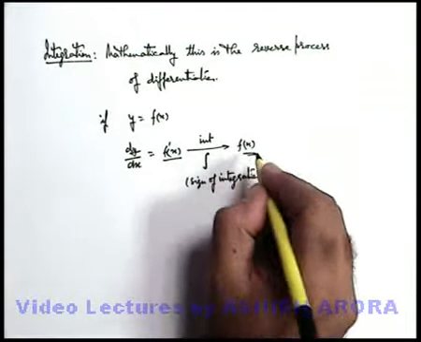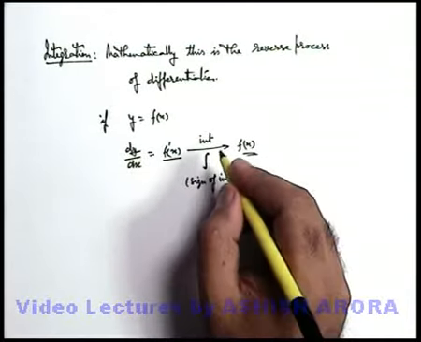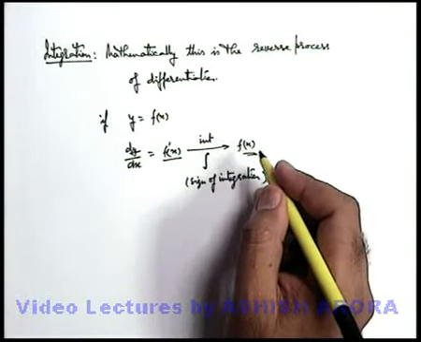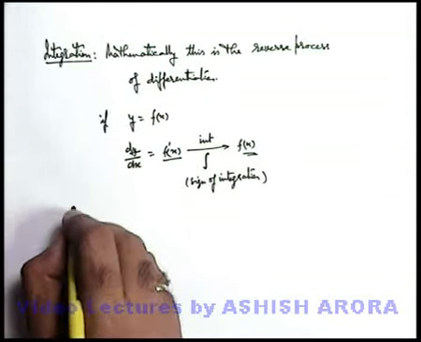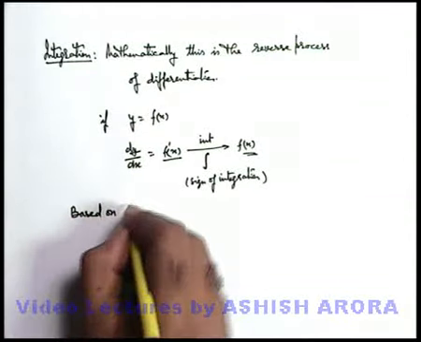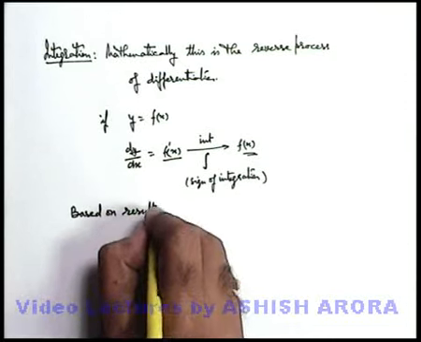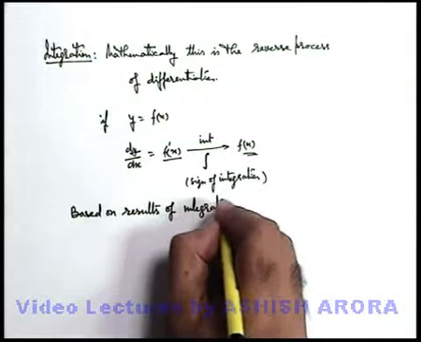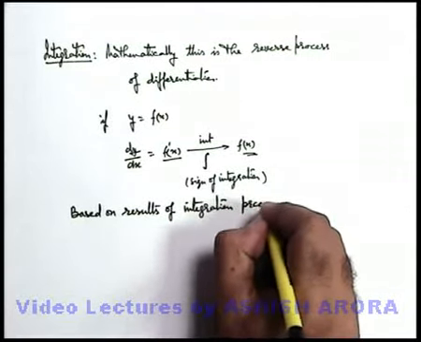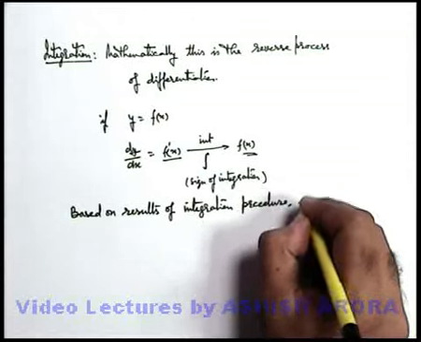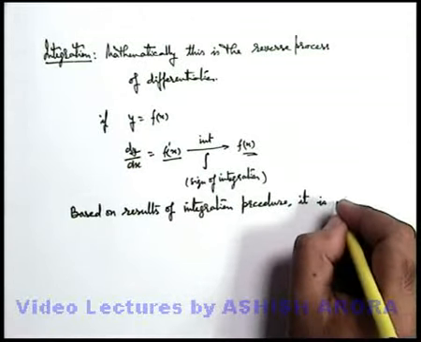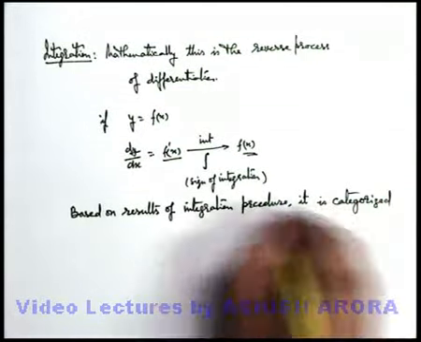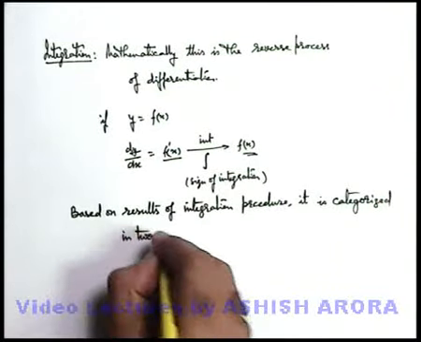Sometimes the result may differ in terms of constants. That's why integration is also categorized in a specified form, that is called indefinite integration. Let's discuss that also. Based on the results of the integration process or integration procedure, it is categorized in two ways.